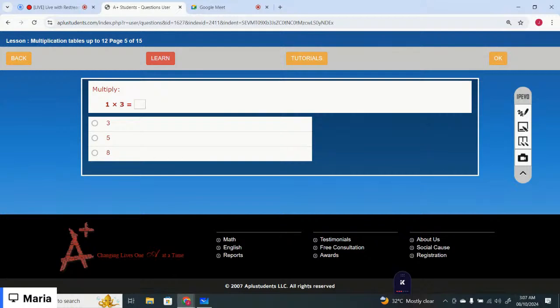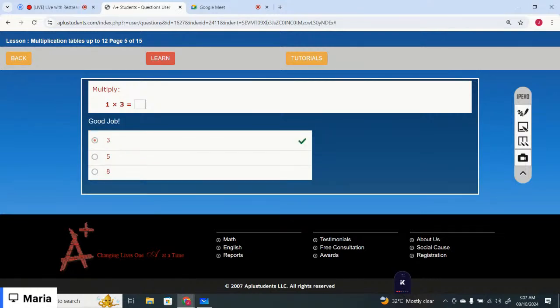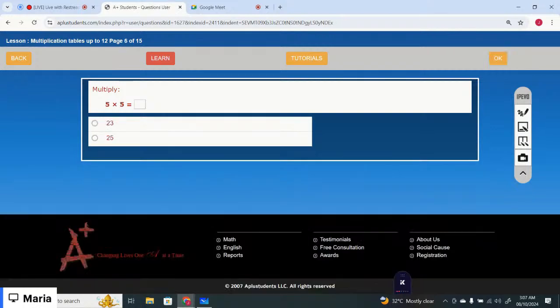So, which is the correct option? 1 times 3 is 3. Option number 1 is the correct option.